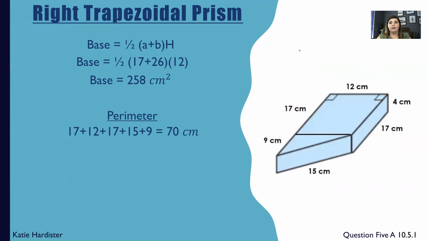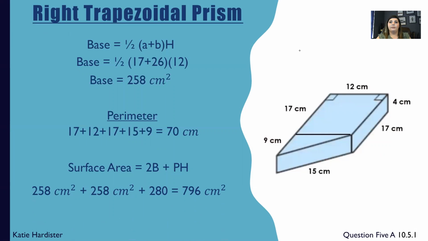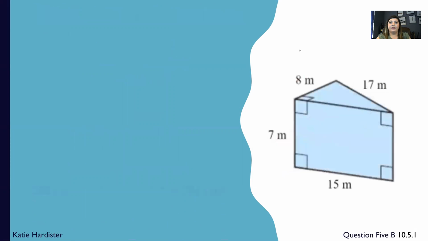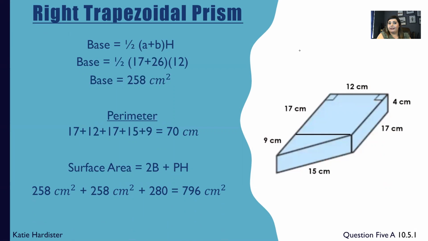So to find the perimeter, we're going to add up all of those sides together, and we would have 70 centimeters. And then to find the surface area, meaning that flat platform, we would take each of those and we would multiply them and then add them together, and that is how we would get 796 centimeters squared.